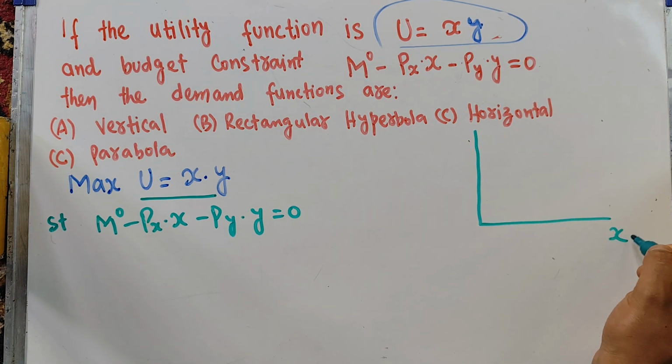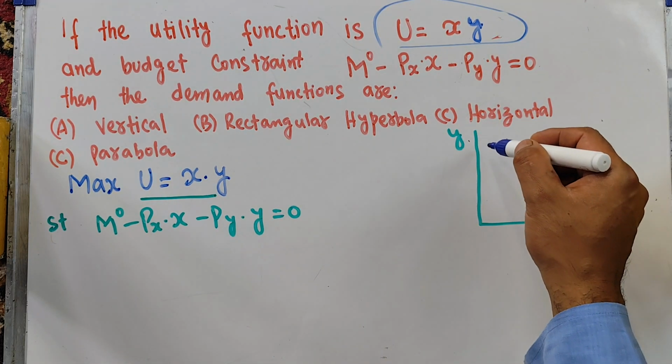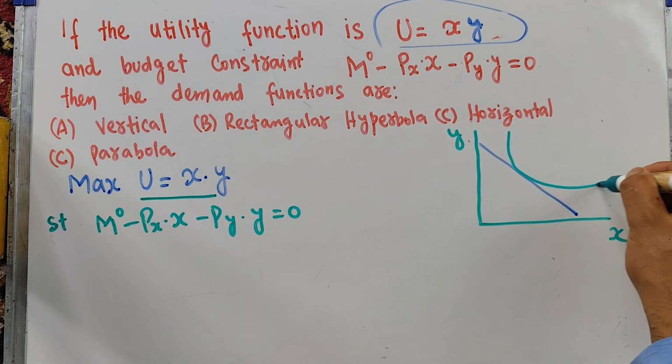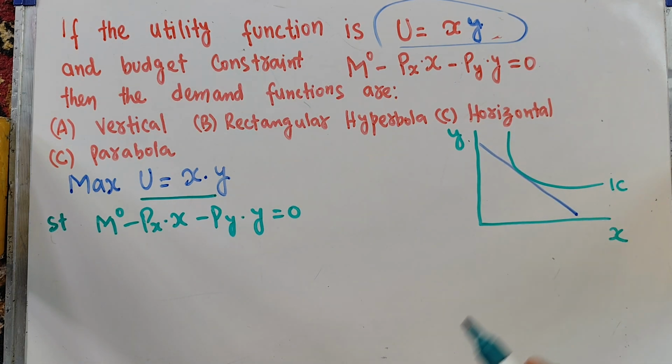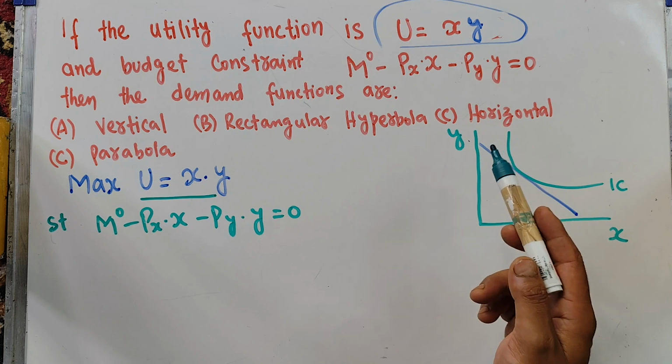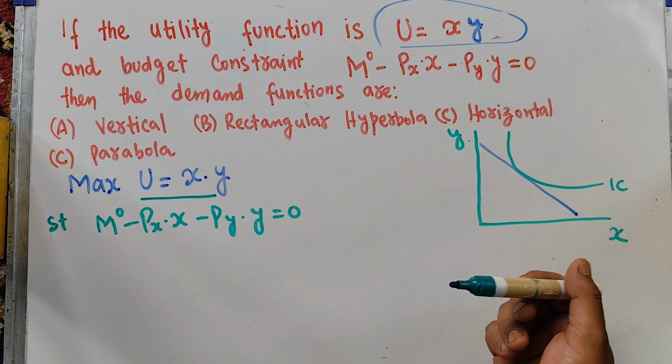We have x good and y good. Given this budget constraint, if I draw it here, the consumer wants to maximize his satisfaction. So this is our indifference curve. For that, the consumer will maximize his satisfaction where the slope of the indifference curve is exactly equal to the slope of the budget constraint.